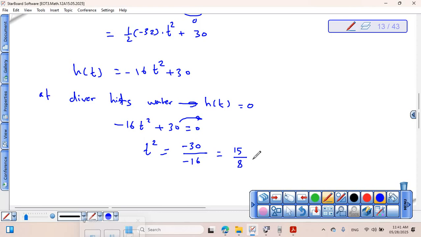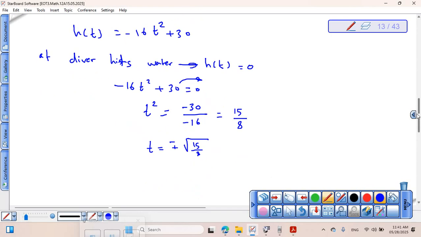Then t equals positive or negative radical 15 over 8. We select the positive because time can't be negative.